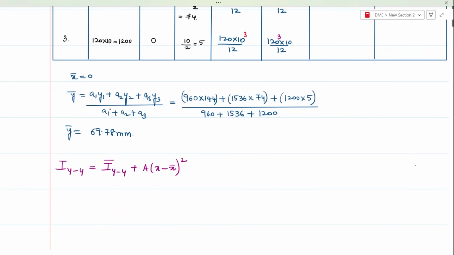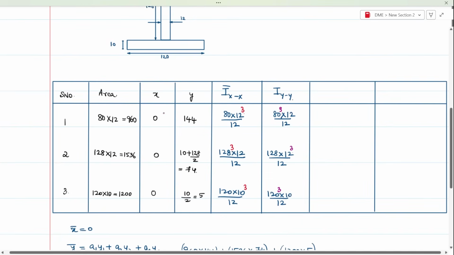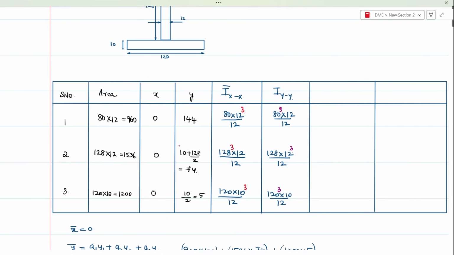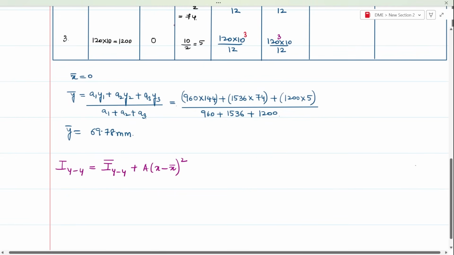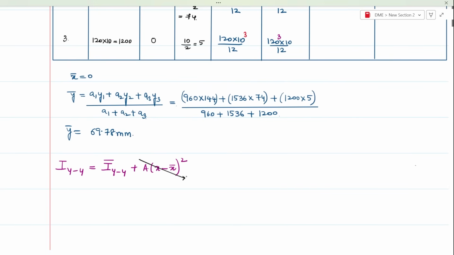Now we are finding that x bar is 0 and all the x coordinates for area 1, 2 and 3 are 0. So the term A into (x minus x bar) whole square will cancel out.